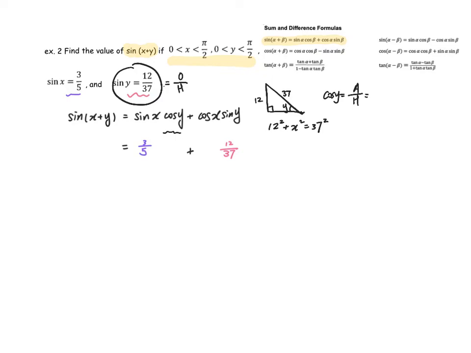I know the number is a little big, but you can definitely go ahead to figure it out. So x squared equal to 37 squared minus 12 squared. X equal to square root of 37 squared minus 12 squared, which is equal to 35. Okay, that gives us the cosine y, which is adjacent over hypotenuse, which is 35 over 37.